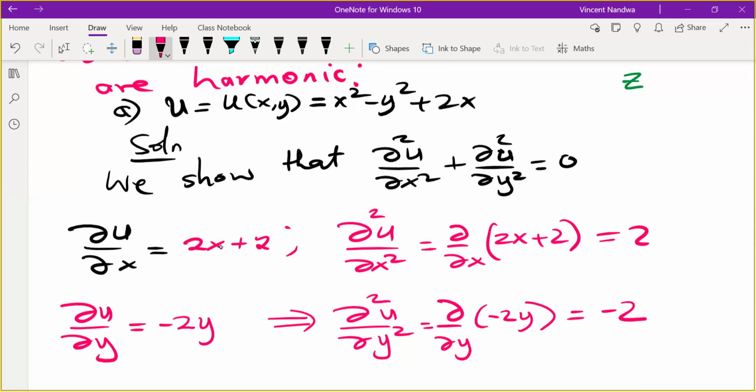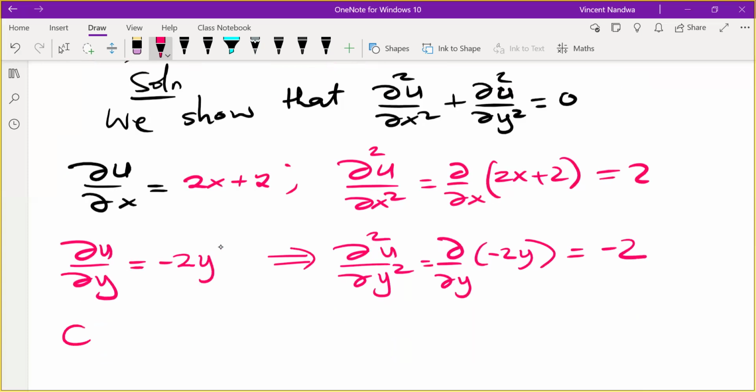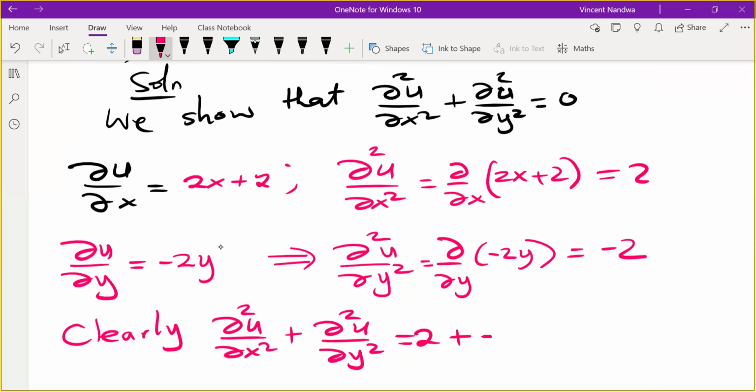Then clearly, partial squared u, partial x squared plus partial squared u, partial y squared is 2 plus minus 2, which is 0. Therefore, the function u equals x squared minus y squared plus 2x is harmonic.